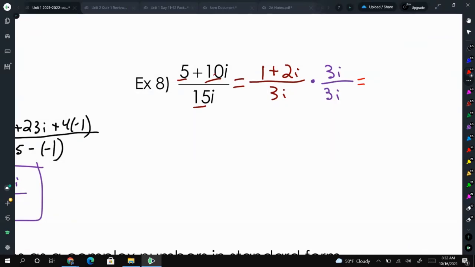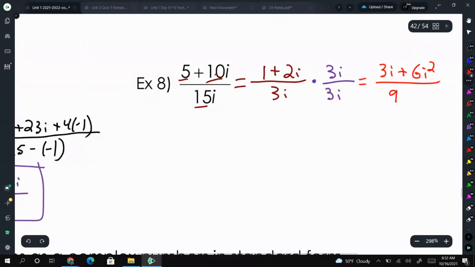Okay, when we multiply the top, we get 3i plus 6i squared over 9i squared. And then we're going to change our i squareds into -1.